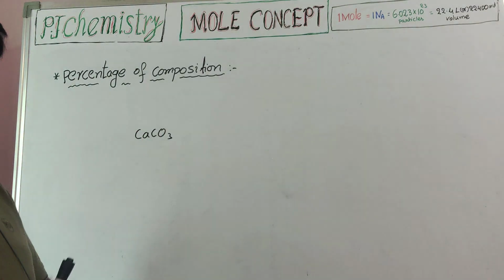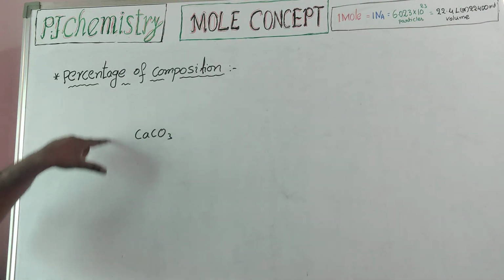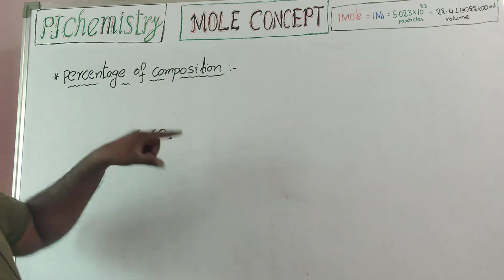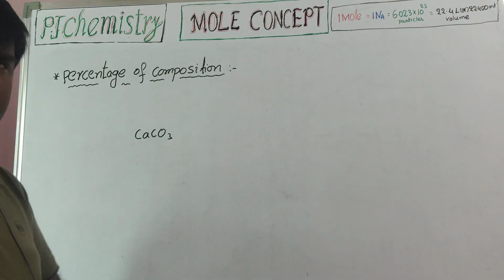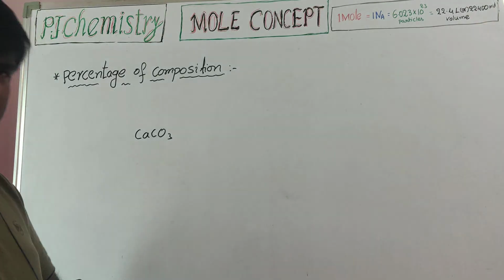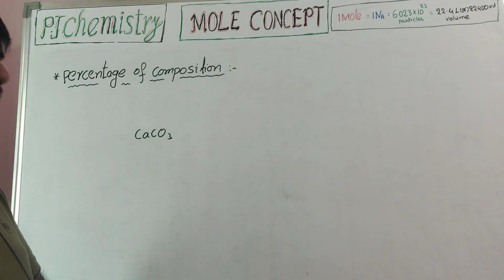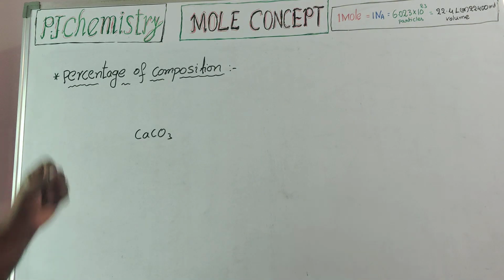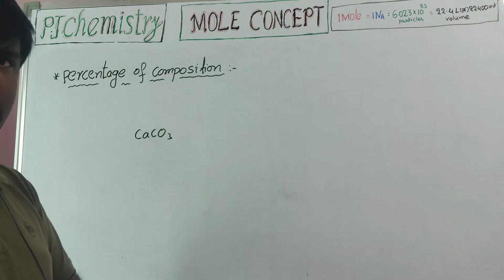So this calcium carbonate, this overall composition is 100. In that 100, how much percentage contribution is calcium? Carbon? Oxygen? That we need to calculate individually. That is the percentage of composition.